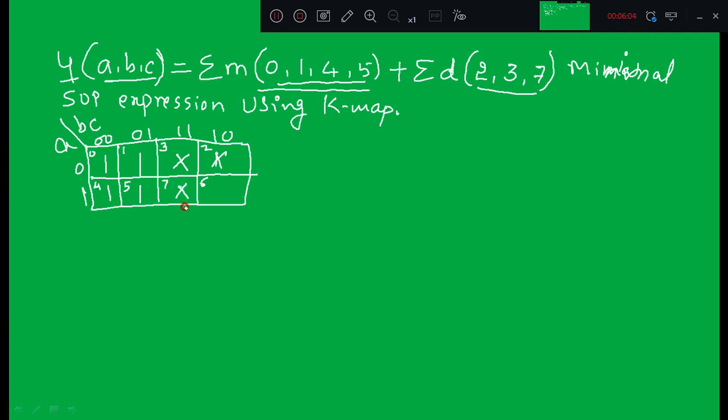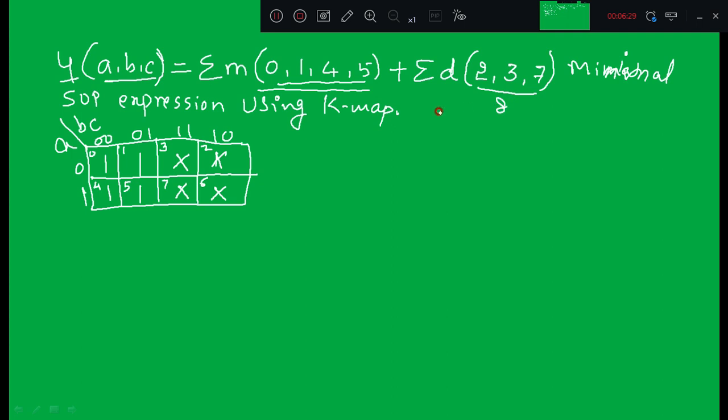Here, how are we going to group the cells? You use these don't care terms to form a larger group of ones. Let us say I have one more don't care term, say 8, along with 2, 3, 7.